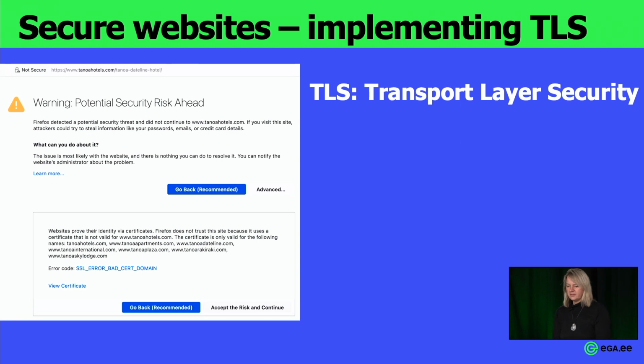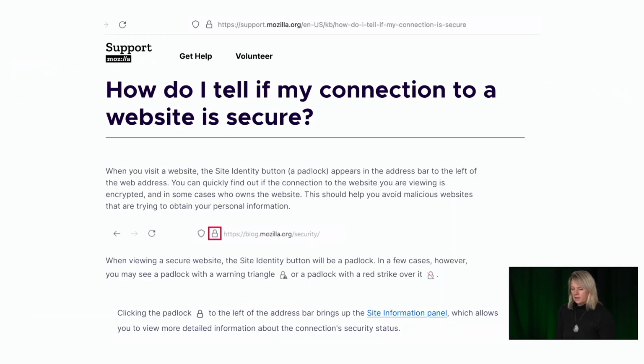So if you see this kind of warning on the websites which you are using, and if you know who is the owner of this kind of website, you should really inform these people that there is something wrong with this website. There are also nowadays browsers offering a lot of help, like Firefox or the other common browsers, so that if you look around, you can really see and tell whether the connection to a website is secure or not.